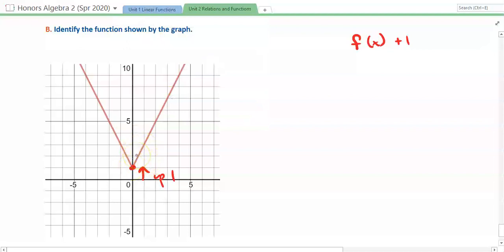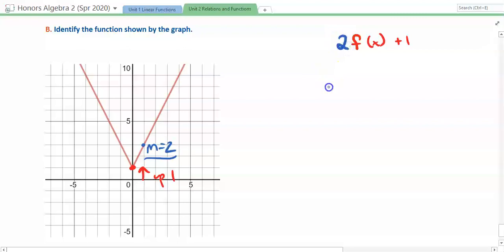In a normal absolute value function, my slope is 1 and -1 for the two pieces. But my slope here is now up to right 1. My slope is 2. And so if my slope has changed, it's going to change the multiplier out front.